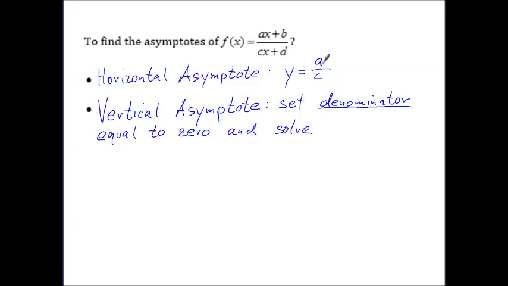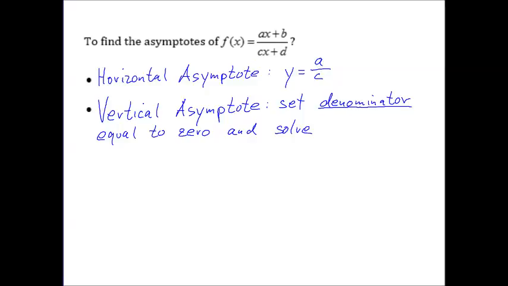So we divided a by c because we decided that b and d won't matter that much anymore. And to find the vertical asymptote, we really have to think about the denominator only. We set the denominator equal to 0 and we solve, and then we get the number that cannot be in the domain, and that is exactly where a vertical asymptote will cross the x-axis.